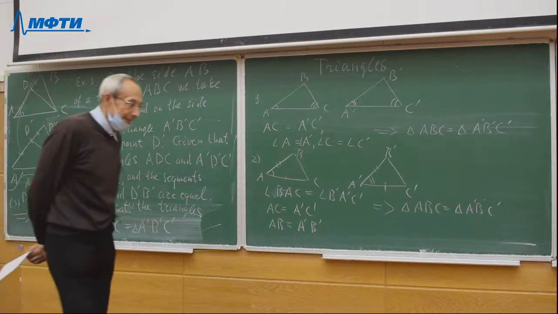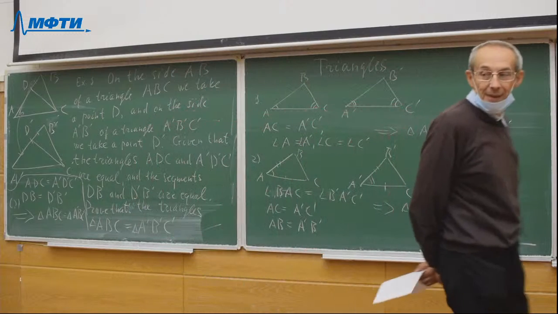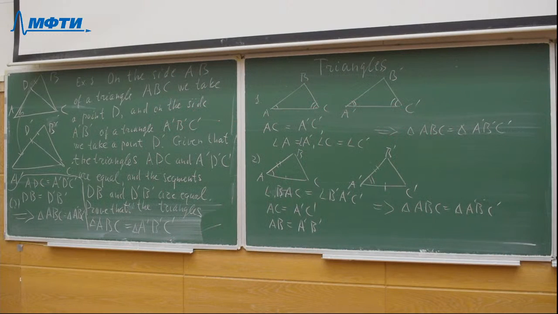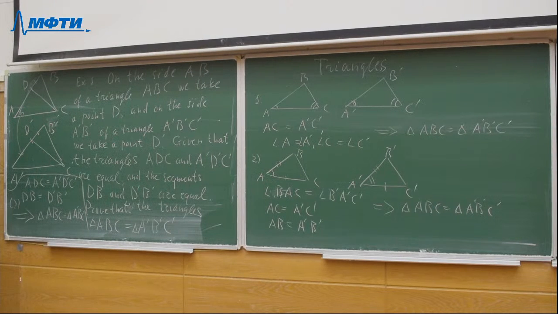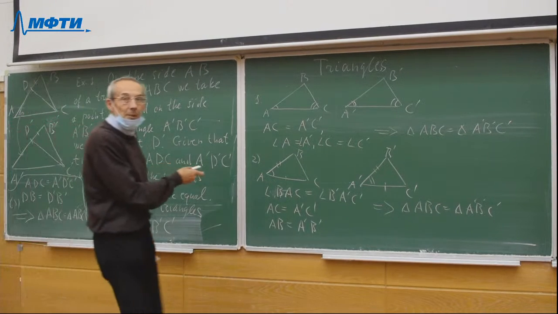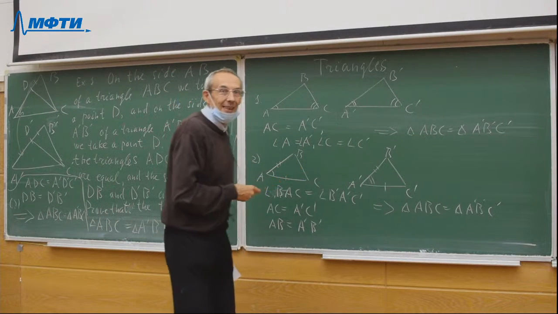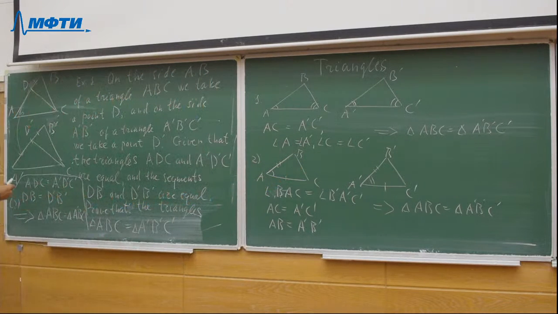Can you prove the equality of these triangles? Can you try? Maybe write down on the board. We have that two triangles are equal, and we use what properties of this? Yes, segment.